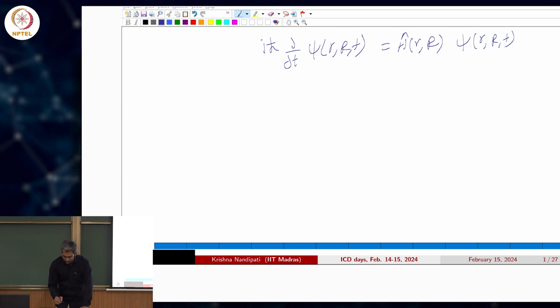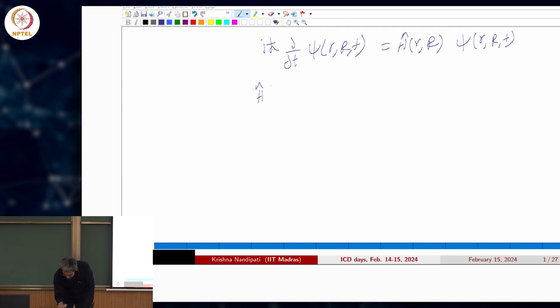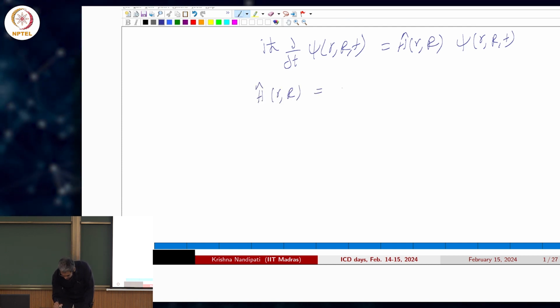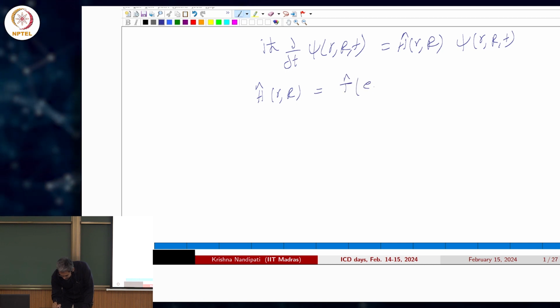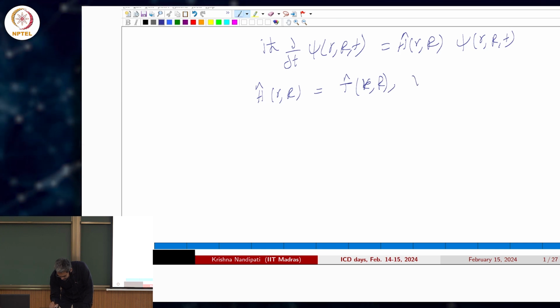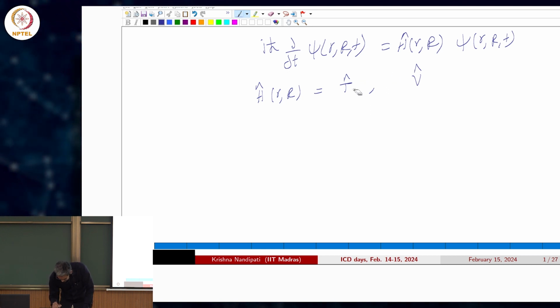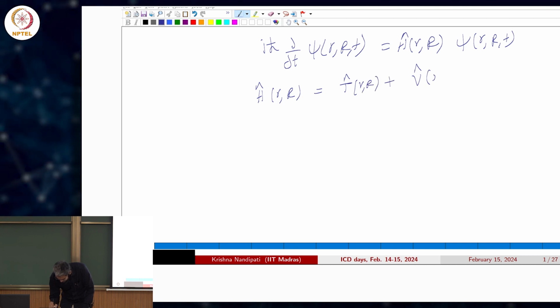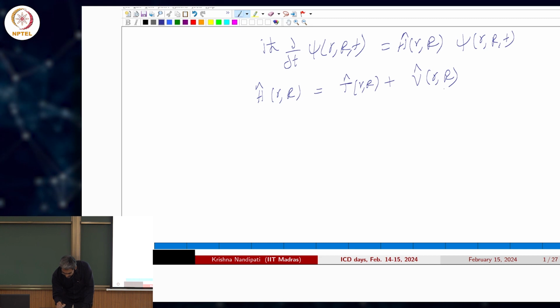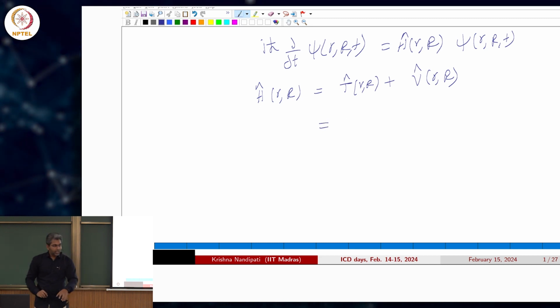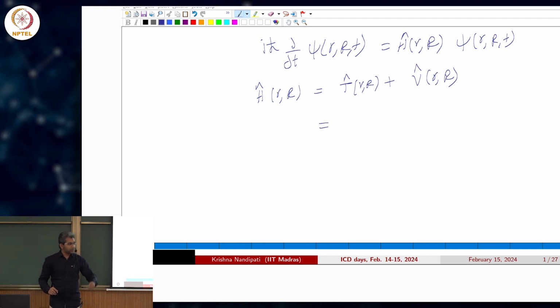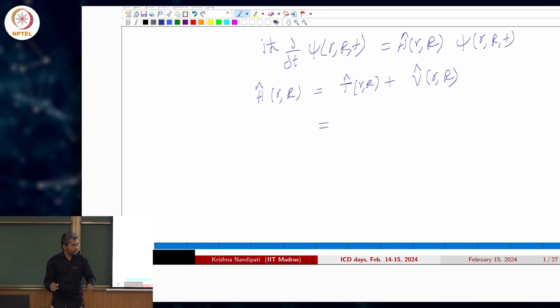This Hamiltonian now is a function of electronic and nuclear coordinates. So this kinetic energy can contain two parts, right? You have electrons moving in the molecule and nuclei vibrating in the molecule.